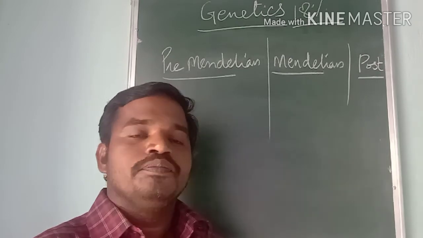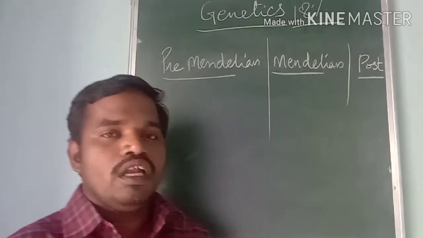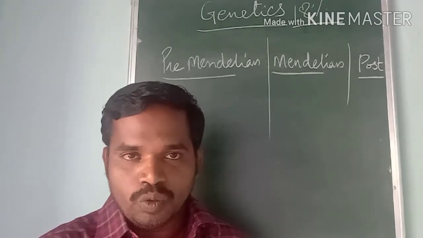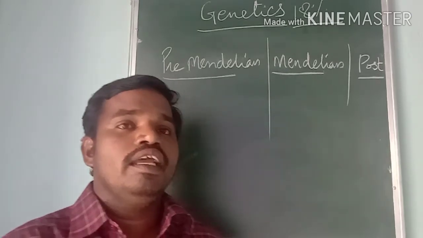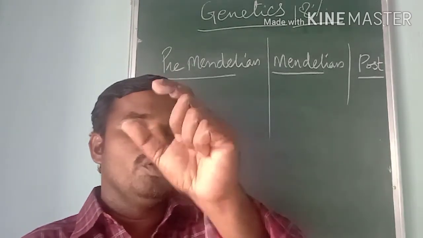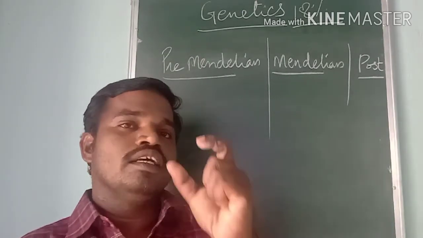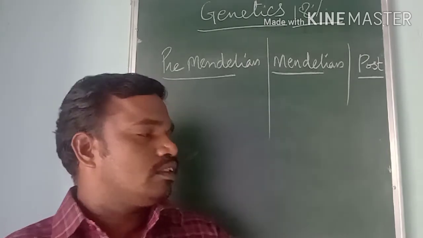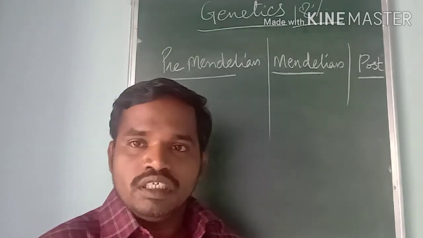Later on, Leeuwenhoek was the first person able to see the sperm under the microscope. He said the sperm already contains a tiny human being in its head. We call it a homunculus, the tiny human being already present in the sperm.